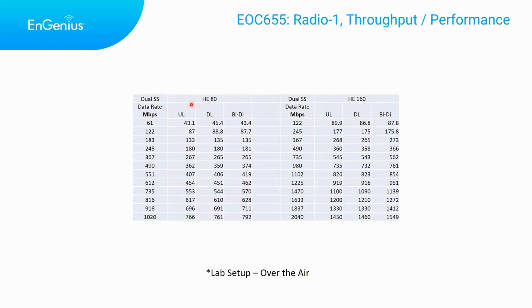Using 80 megahertz at the maximum data rate, which is 1020 Mbps, the actual throughput that they got using bidirectional up and down is about 792 Mbps. At 160 megahertz, they got about 1549 Mbps.